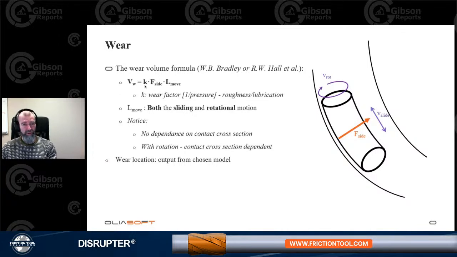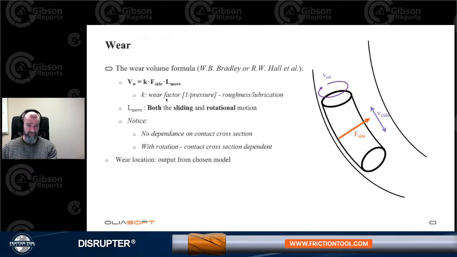So they came up with this wear formula, and they said that the wear volume is equal to a constant that they called the wear factor, multiplied with the side force and the length you are moving the component that you want to calculate the wear for.